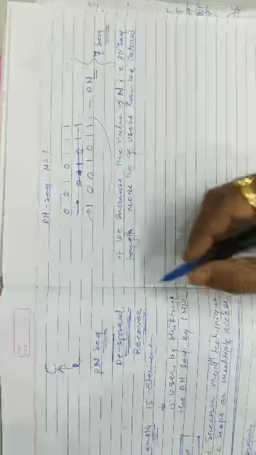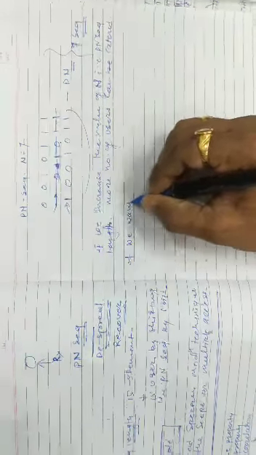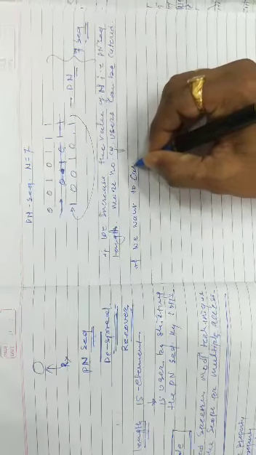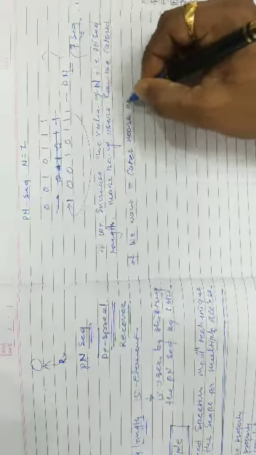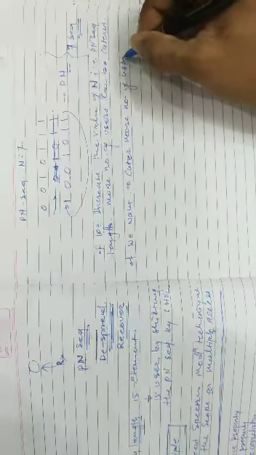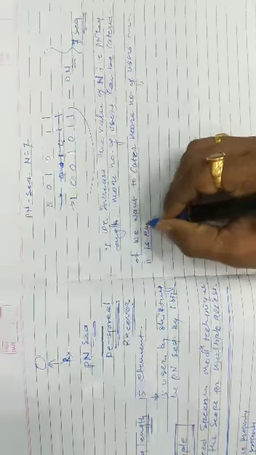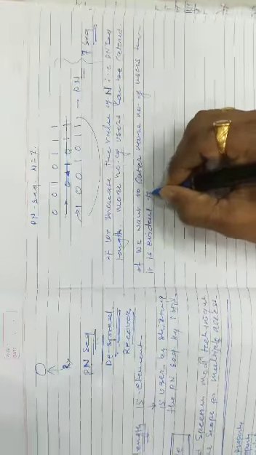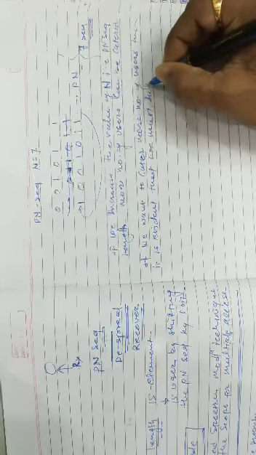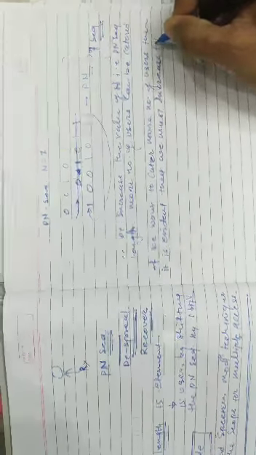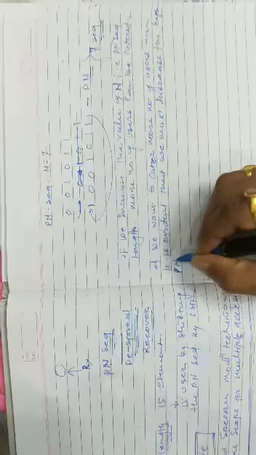So the inference is that if we want to cater more number of users, then it is evident that we must increase the length of the PN sequence.